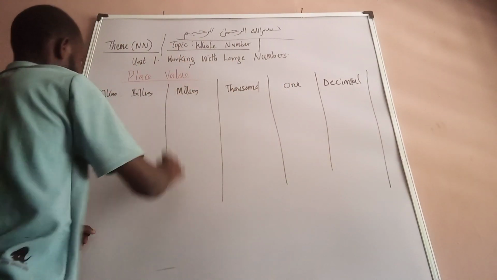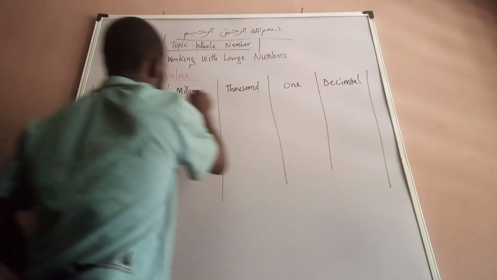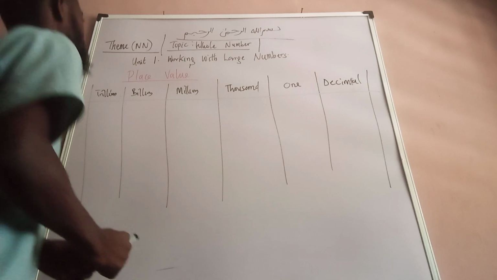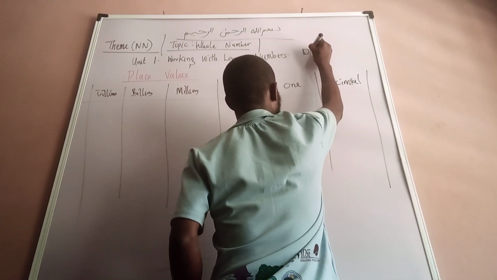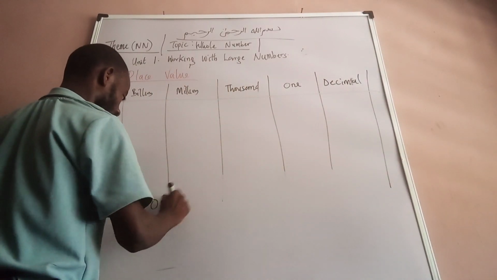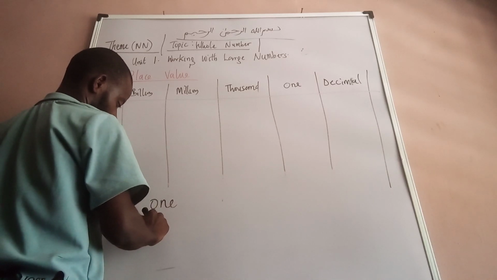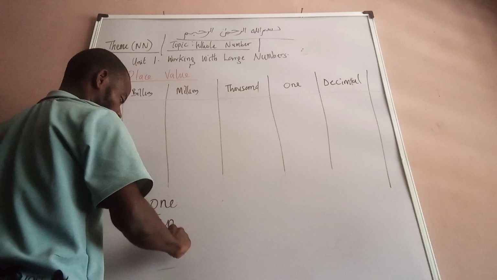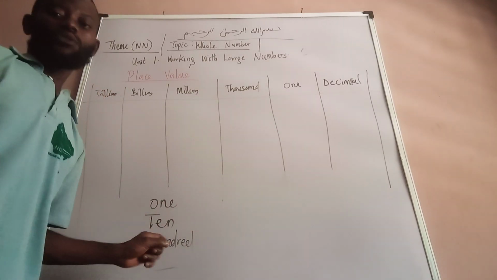3 brothers. Now, those 3 brothers are 1, 10, and 100.